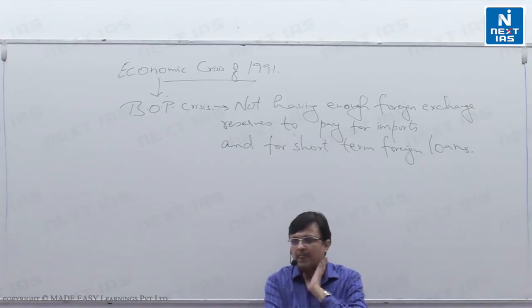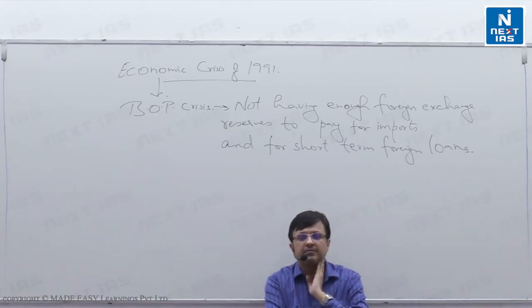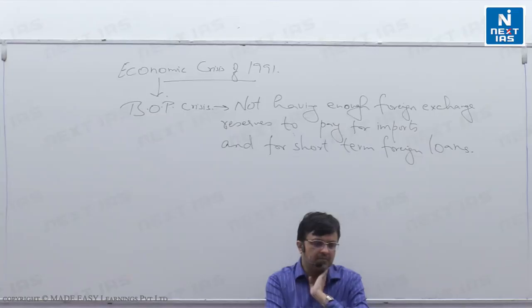And consumer price index, CPI, you can write, consumer price index for agricultural labor was above 8% in both the years. Full stop.